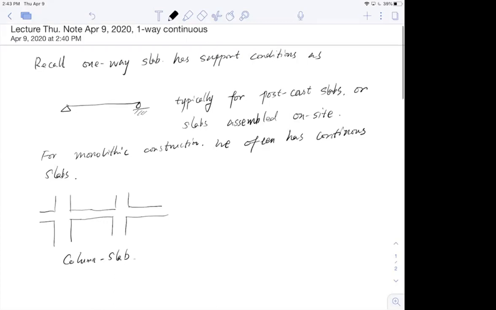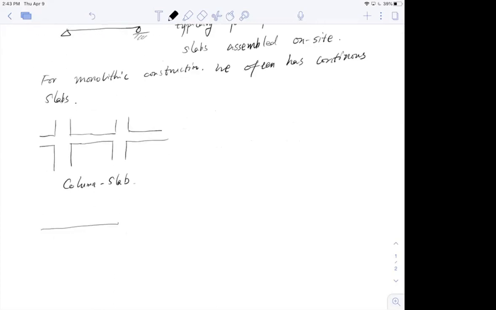Or I have a slab integrated in a girder, and then integrated in the column. So there's gonna be a cap here.